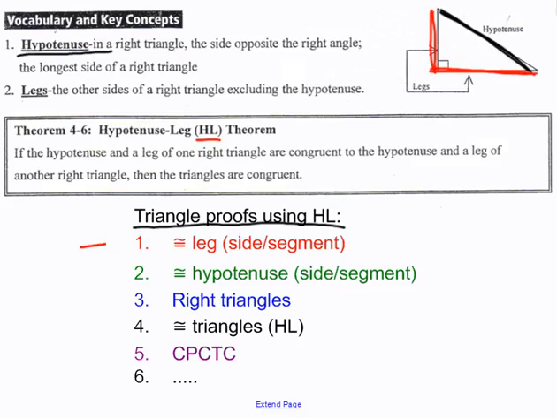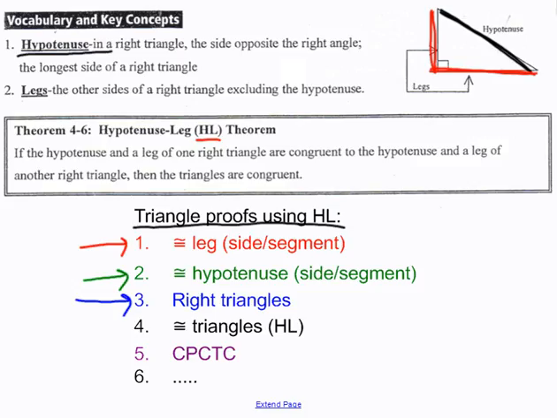You need a congruent leg, so that's a side. You need a congruent hypotenuse. And your third thing, which is what makes these proofs a little bit harder, is that you don't need a third congruent part. You need to write that they are right triangles. In the other congruent triangle proofs we did before, you needed 3 congruent parts.